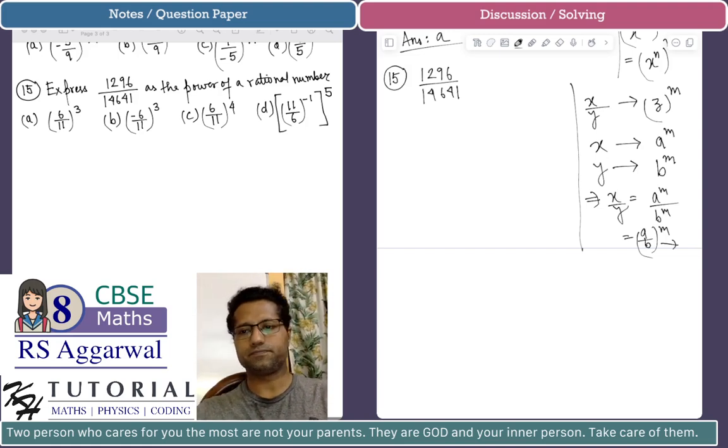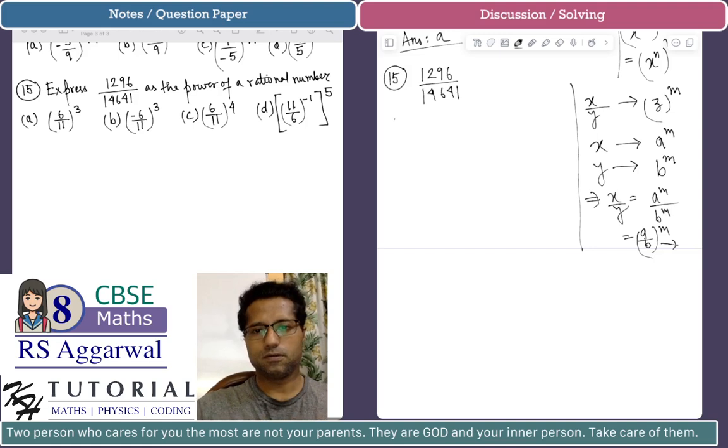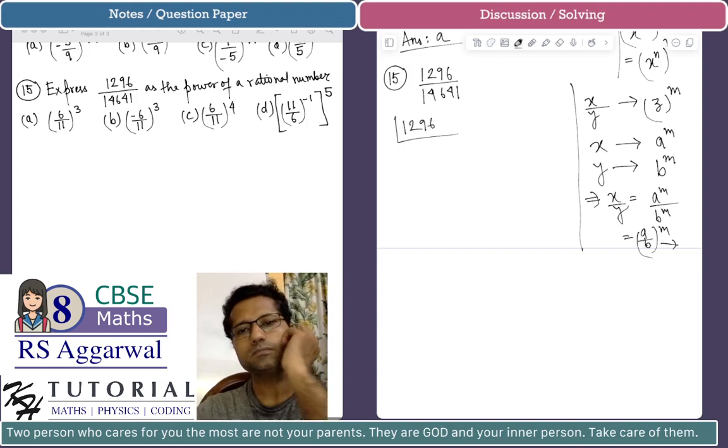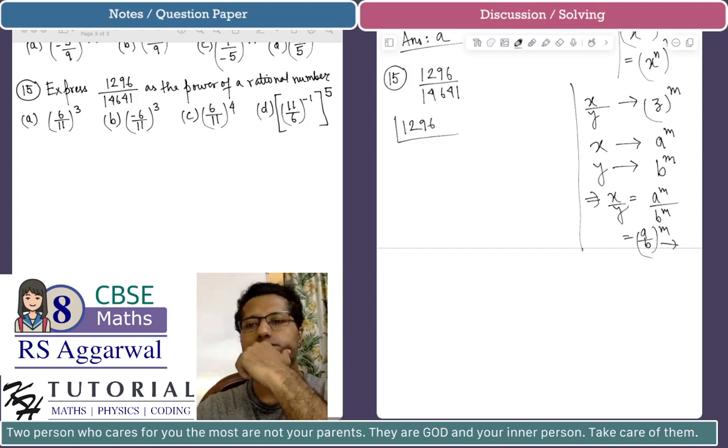How will you express 1296 as the power of something? You have to do the prime factorization of 1296. Now the power has to be the same.